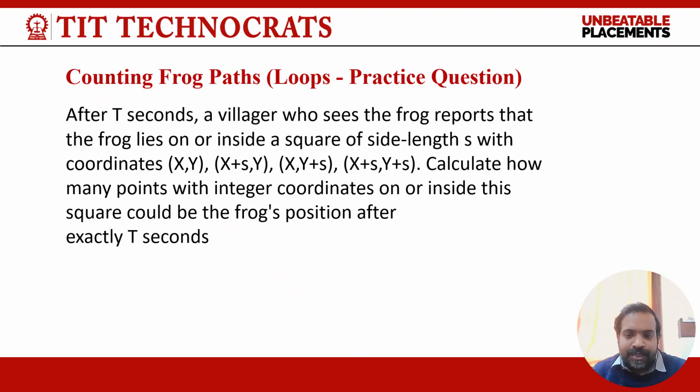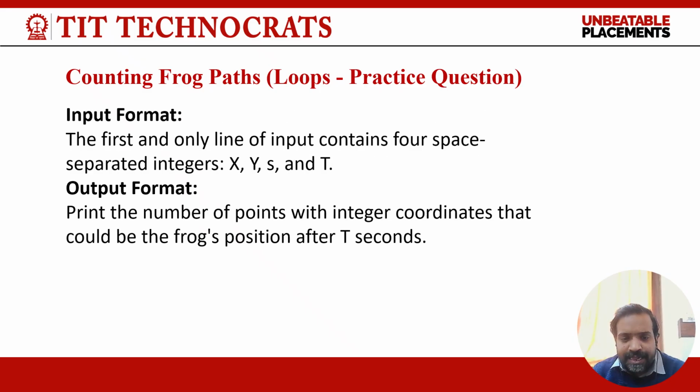To summarize this problem, I will explain it again. There is a frog initially placed at the origin, that is 0, 0. After t seconds, we have to find out how many total points there can be where the frog can be placed. The condition is that after 1 second, the frog can either move up 1 unit, move right 1 unit, or stay still.